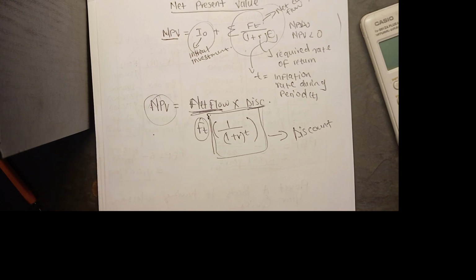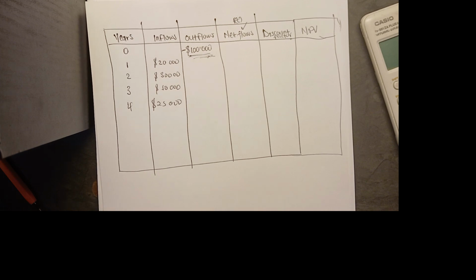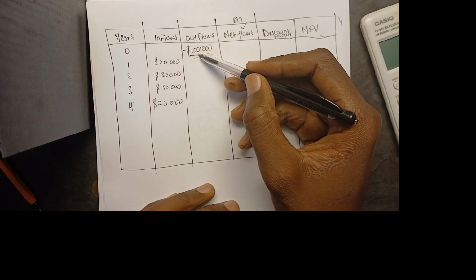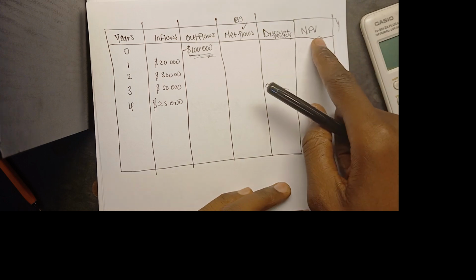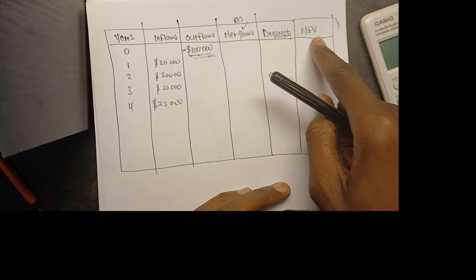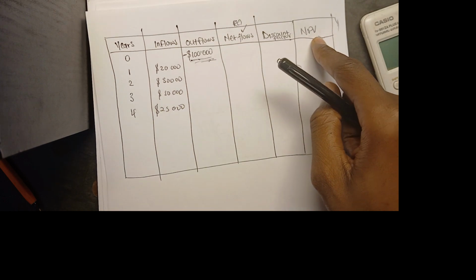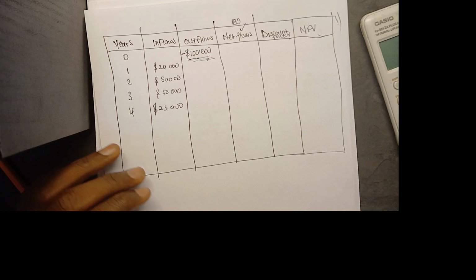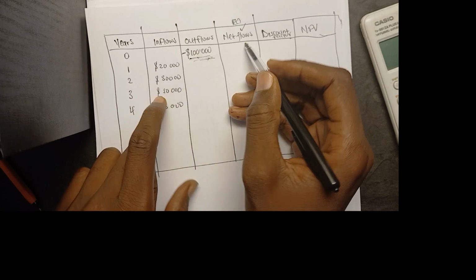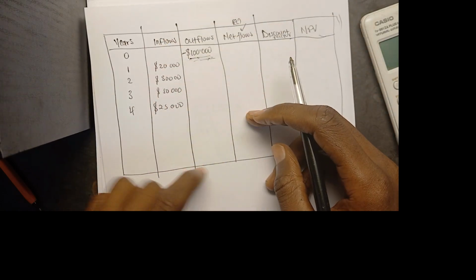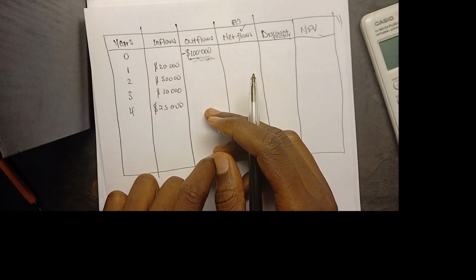Now, come back to the question. We are given an initial investment of 100,000. We need to calculate the total NPV and see if it's positive or negative, so we can reject or accept the project. As I said, don't worry about net flows. You just have to take these and put them here, and do the same for outflows or outlays.